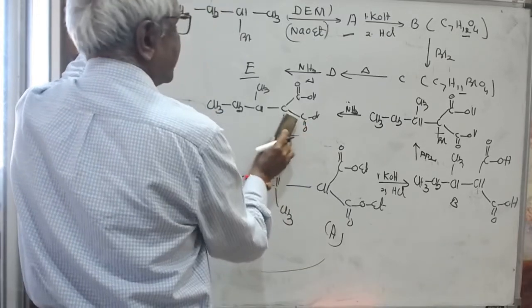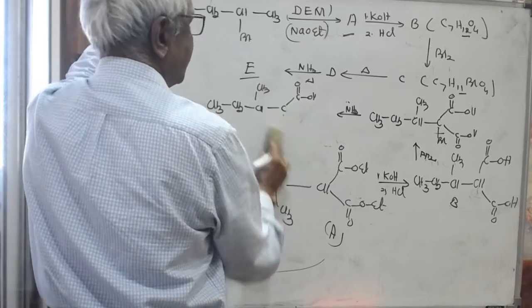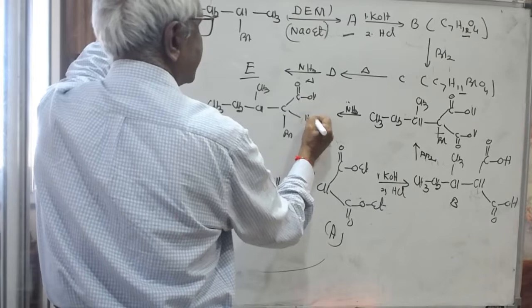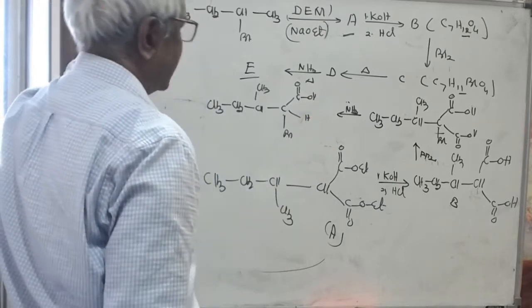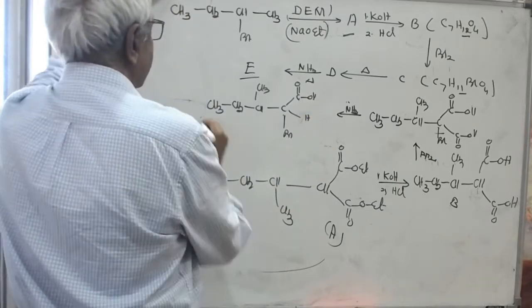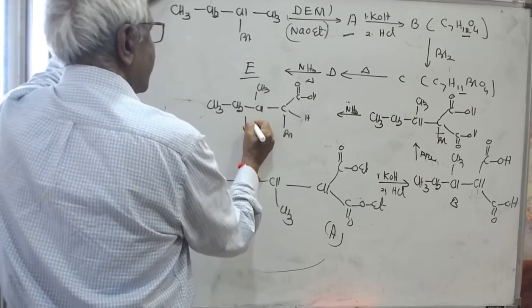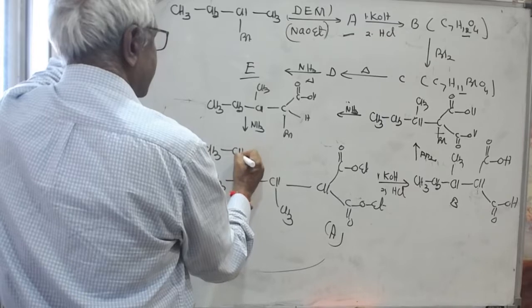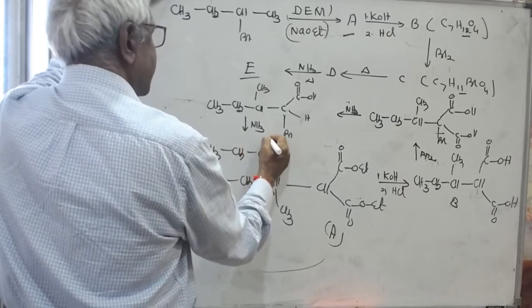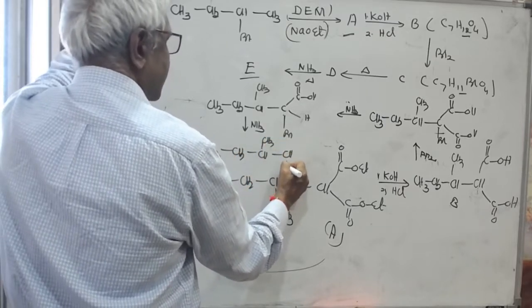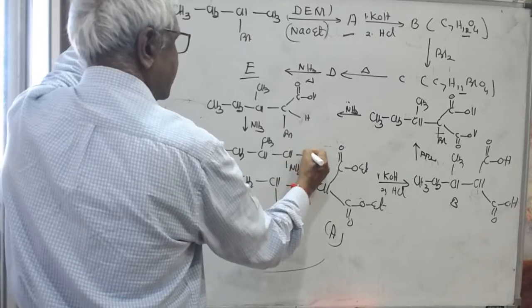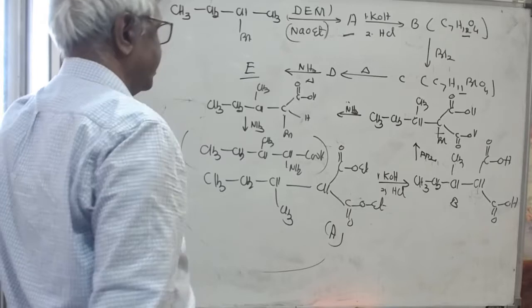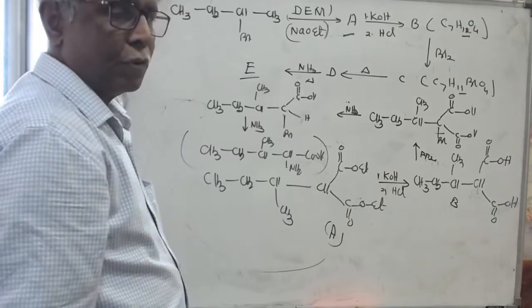When you heat it, gem dicarboxylic acids undergo decarboxylation, and you get CH3CH2CH(CH3)CH(NH2)COOH. What is this? Isoleucine.